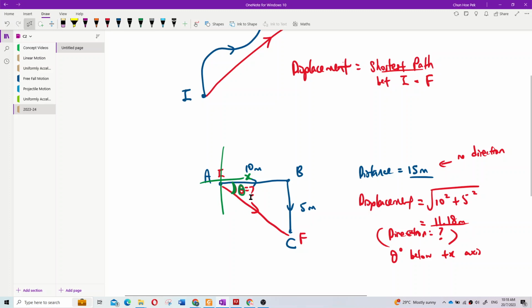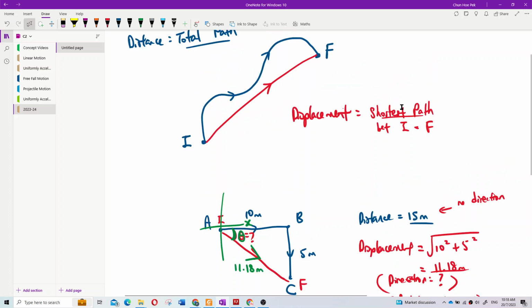So this is the direction of the vector. Displacement is the shortest path, 11.18 meter between the initial point and the final point. We say it is a shortcut.